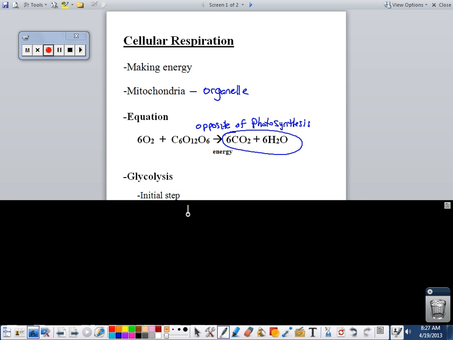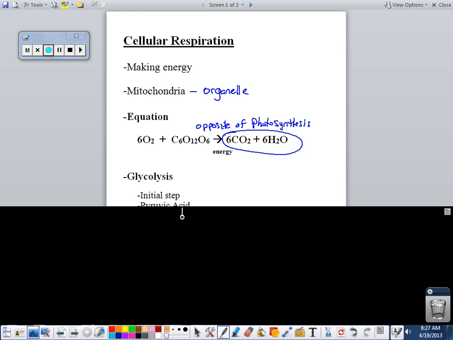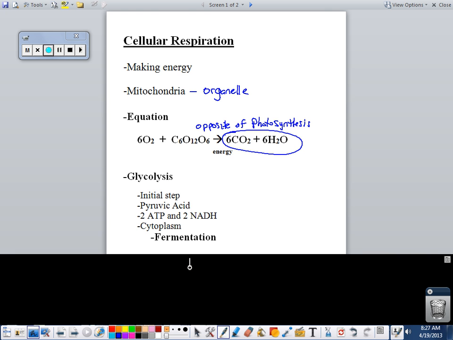To continue here, cellular respiration is in 3 steps. The first step is glycolysis, and the product is pyruvic acid, and in the end it makes 2 ATP, which is the unit of energy in the cell, and 2 NADH, which is then used in other processes of cellular respiration. It's important to remember that this occurs in the cytoplasm. It's not even in the mitochondria yet.